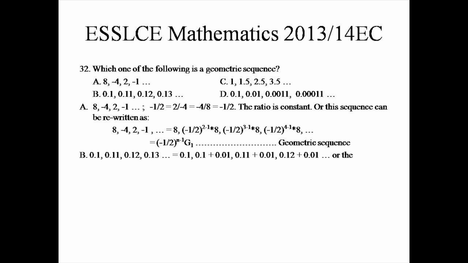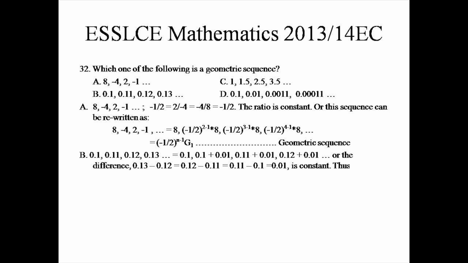Choice B, 0.1, 0.11, 0.12, 0.13. If we find the difference of the fourth term minus the third term, that is 0.13 minus 0.12, it is equal to the third term minus the second term, 0.12 minus 0.11, which is equal to the second term minus the first term, 0.11 minus 0.1.